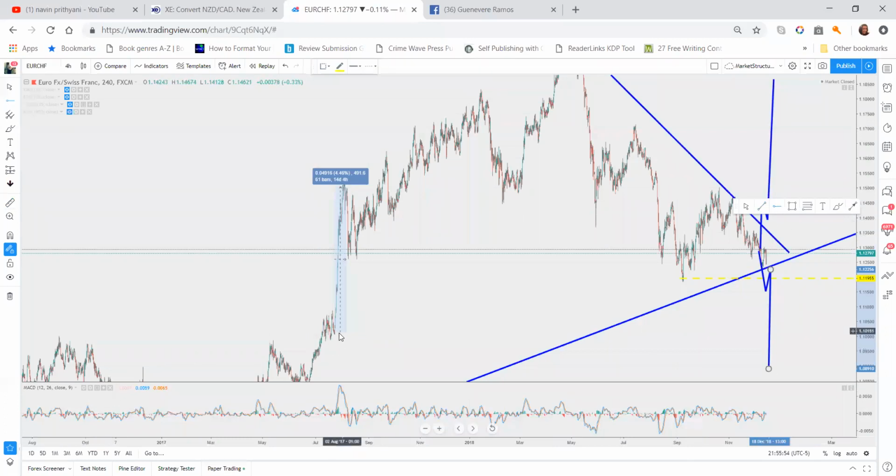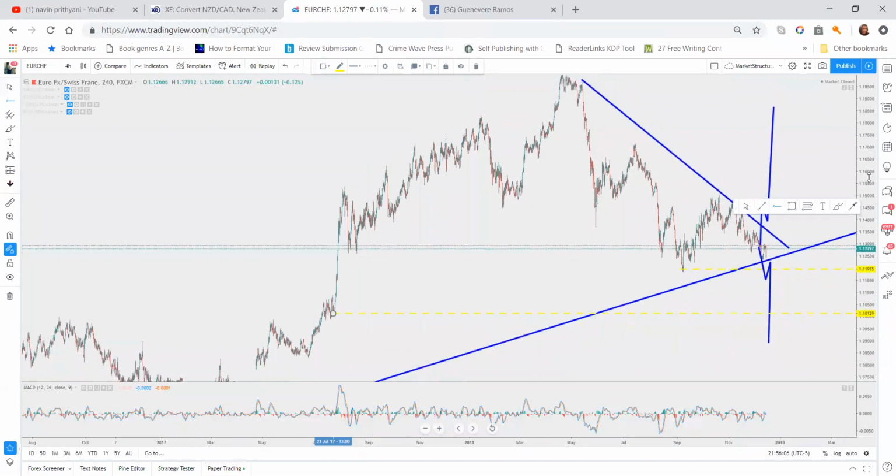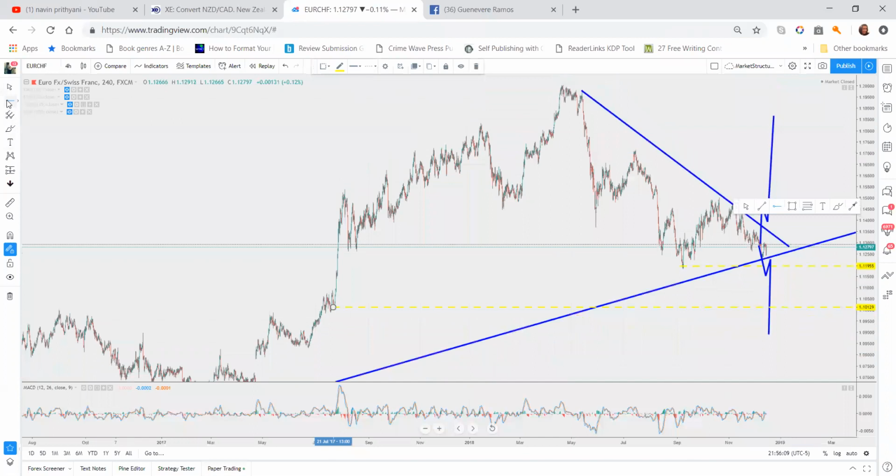So if I were you, I would want it to drop down to here because that would give you a really good buy. And if it pushes to the upside, you could see it push back up to here. And that would be from where it is now, 732 pips.